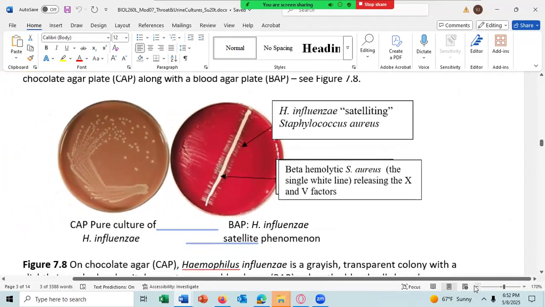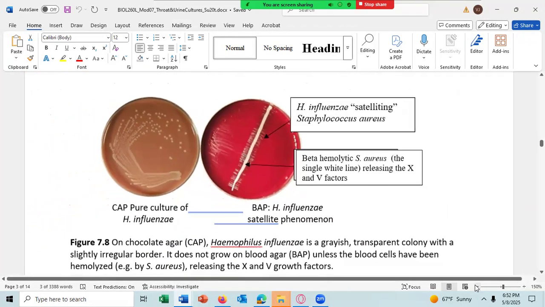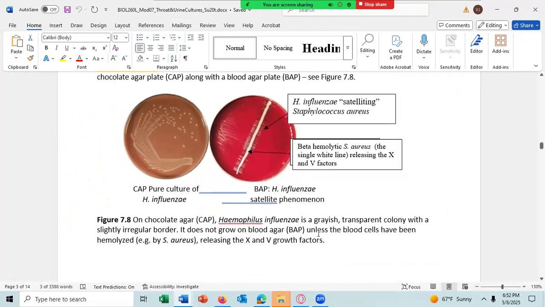But you should know that Haemophilus influenzae can grow on a chocolate agar plate because it does supply the factors required for Haemophilus influenzae to grow. And the factors that it requires are the X and the V growth factors.